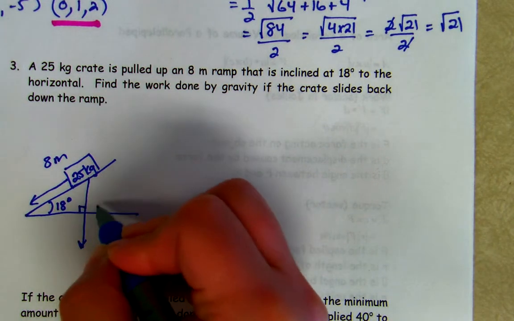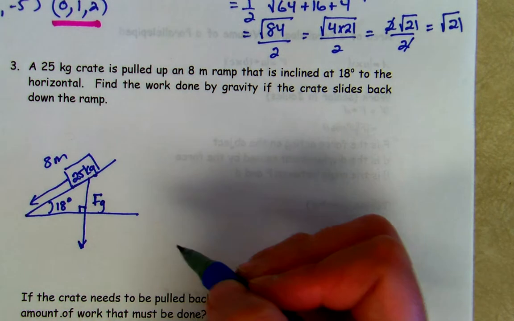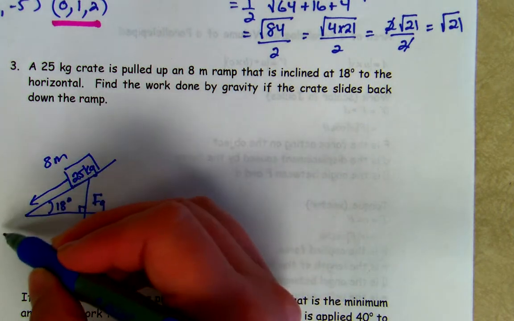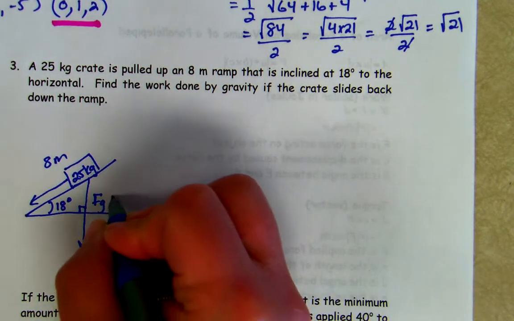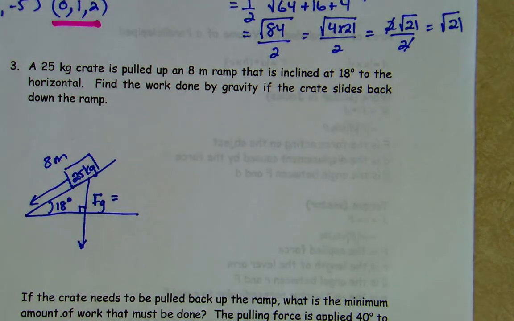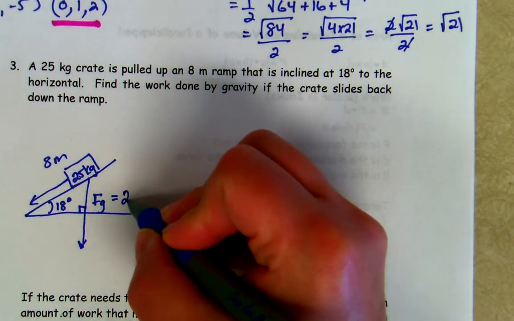Gravity is always acting perpendicular to the horizontal, but the result is it's going to slide down the ramp. I can find the magnitude of gravity because I have the 25 kilograms. It's 9.8 per kilogram, so I do 25 times 9.8, so it's 245 newtons.